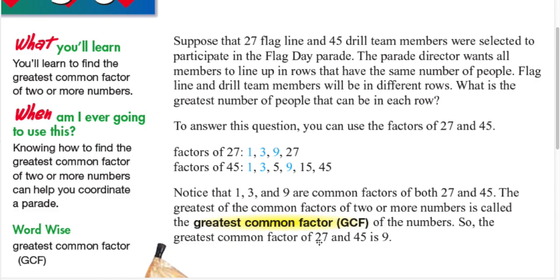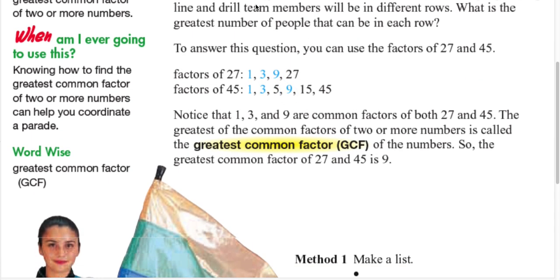So the greatest common factor of 27 and 45 is 9. So 9 is the GCF of 27 and 45. Going back to this problem, we know that the greatest number of people that can be in each row will be 9.